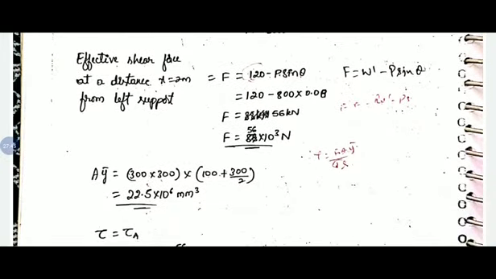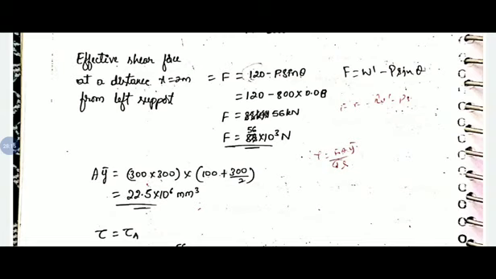A Y bar. So 300 is the width of the section, and 100 mm below the neutral axis or centroidal axis, meaning the centroidal axis is located at 400 mm. So 100 mm below the centroidal axis, the remaining portion we need to consider is 300 mm. So 300 into, with respect to the centroidal axis of this section we are calculating Y bar, so 100 plus 300 by 2.